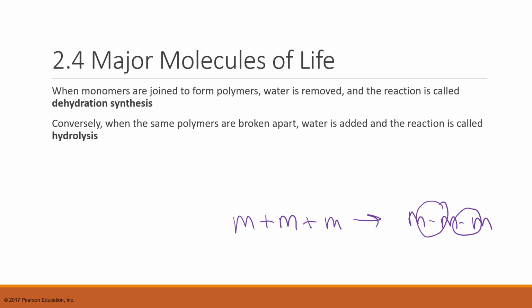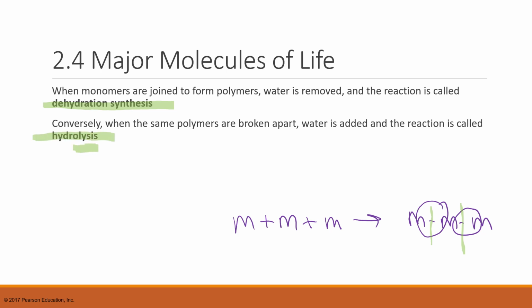And joining monomers to form polymers uses a type of reaction called dehydration synthesis. If you go the other way, suppose we started with the polymer and wanted to go back to the monomers, we would have to break all those bonds, and that's called hydrolysis.